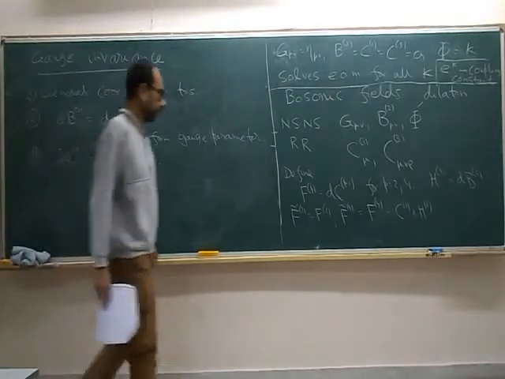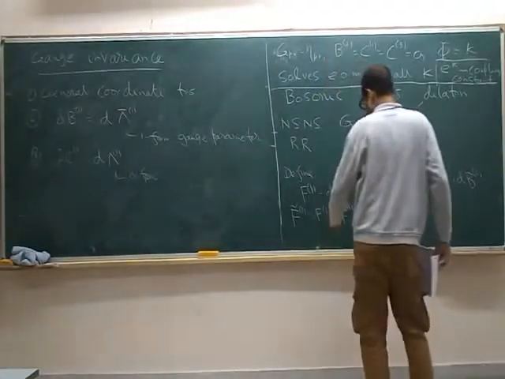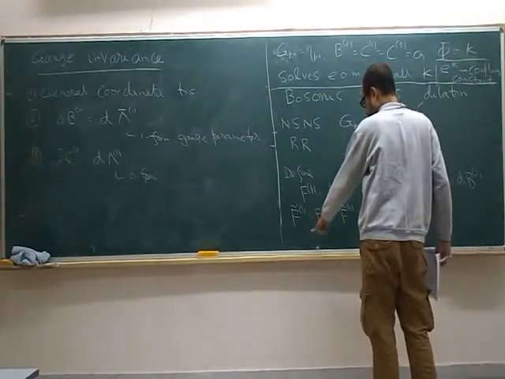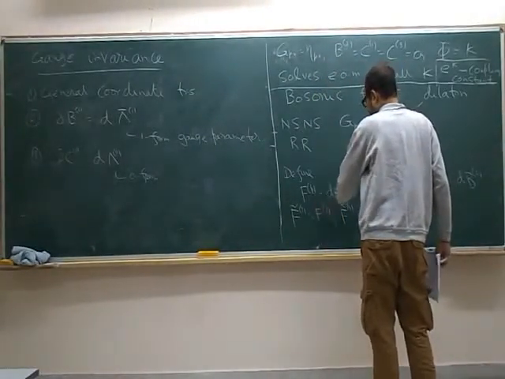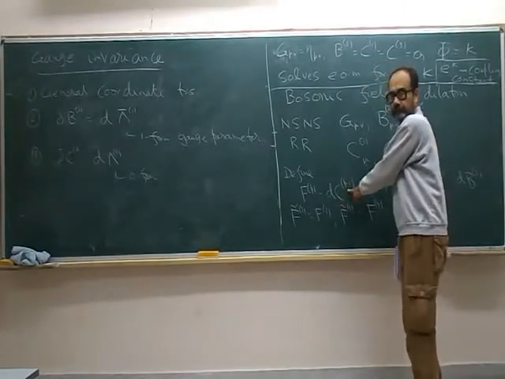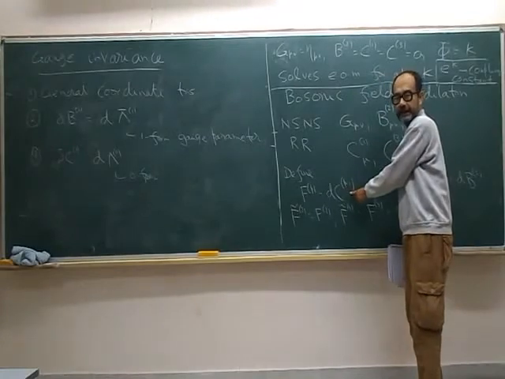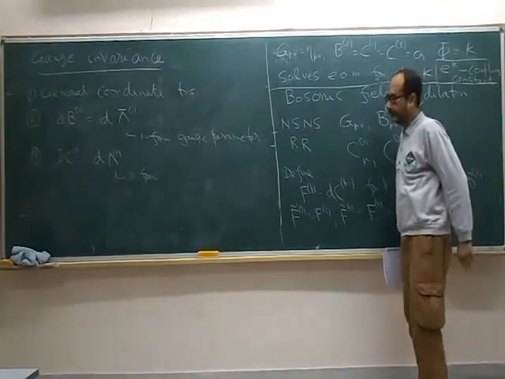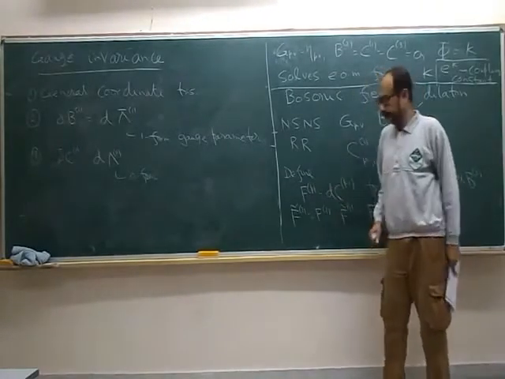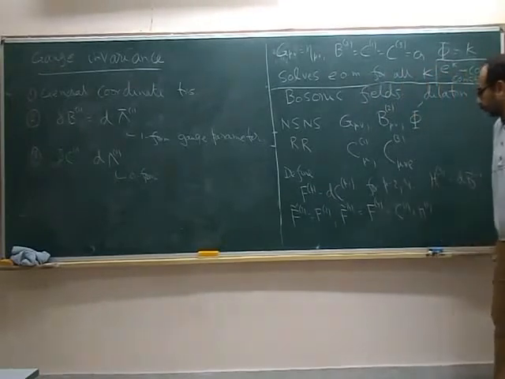Why? Because you see, F_p is dC_(p-1). Okay. So F2 is dC1. C1 changes by d lambda 0, so that's not a problem. F2 is invariant. So is F4.